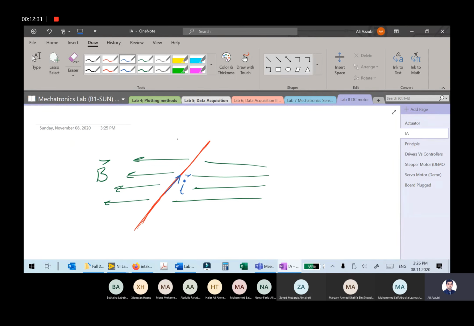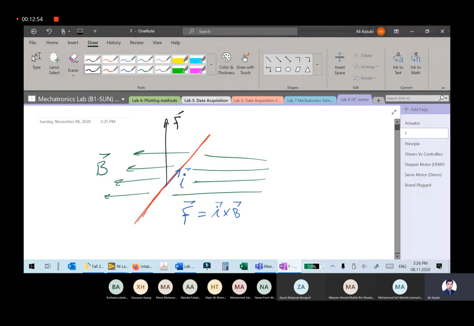Moving charges in a magnetic field will experience a force. Usually the force is F equals I as a vector cross B. So by the right-hand rule you have I cross B. This means that the force is somewhere like this. Is that correct?